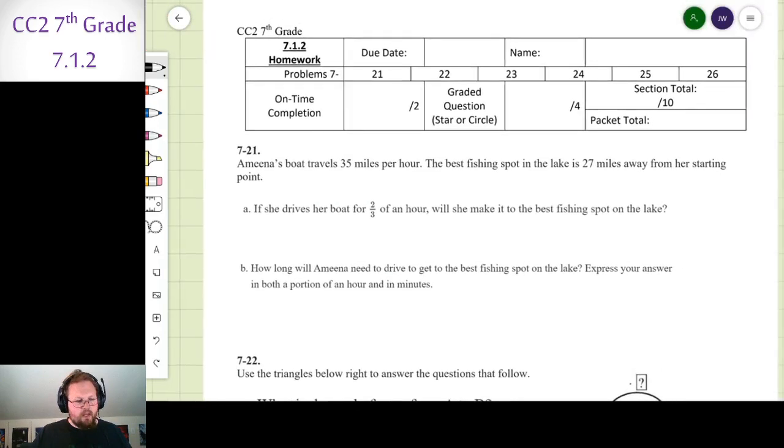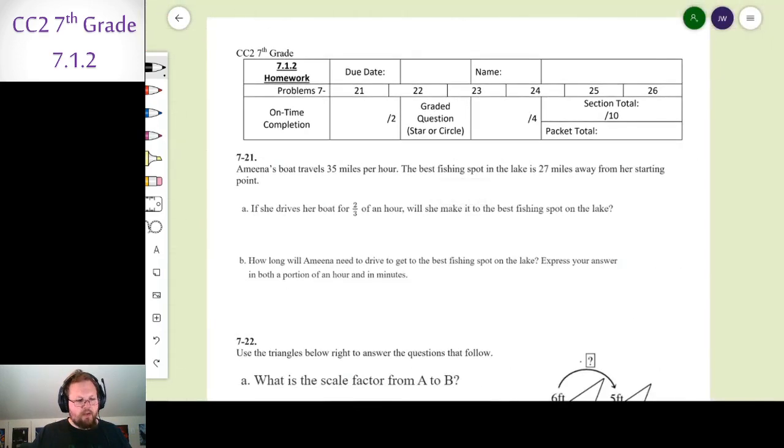Homework help. So if you've got a start of this, you've got a boat traveling 35 miles per hour. Fishing spot is 27 miles away. If she drives her boat for 2/3 of the time, will she make it? So you're going to multiply 2/3 times her speed, which is 35 for 1, and then figure out if she has gone 27 miles.